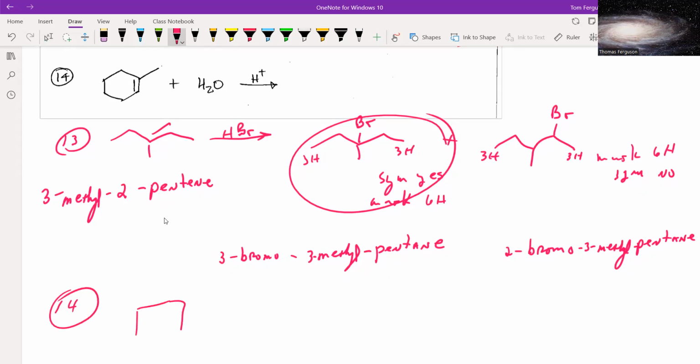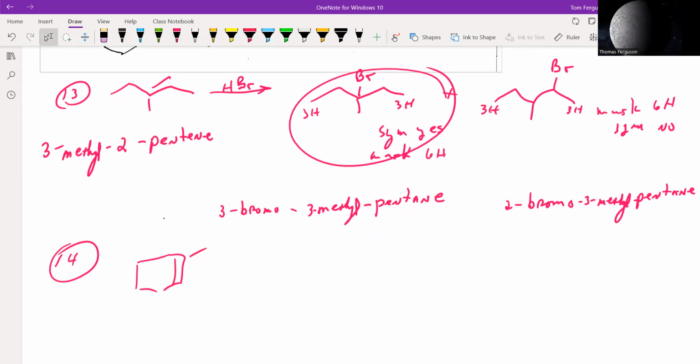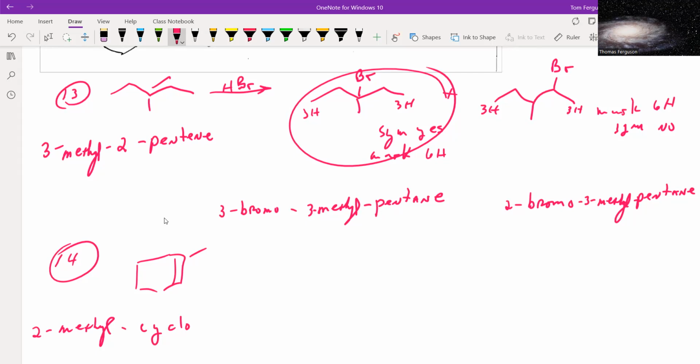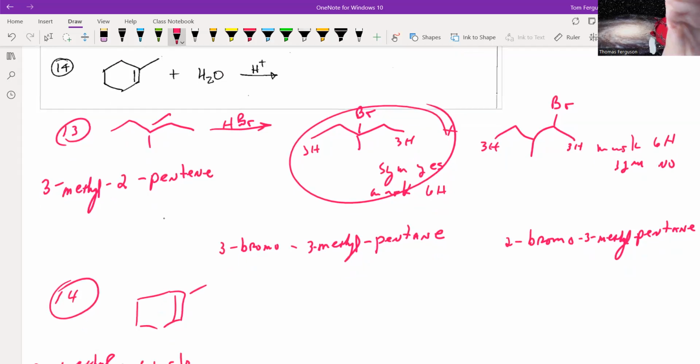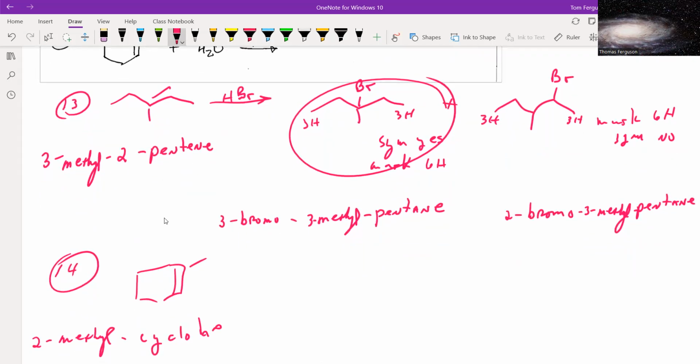So we're starting with 2-methyl cyclohexene, be 1, 2.